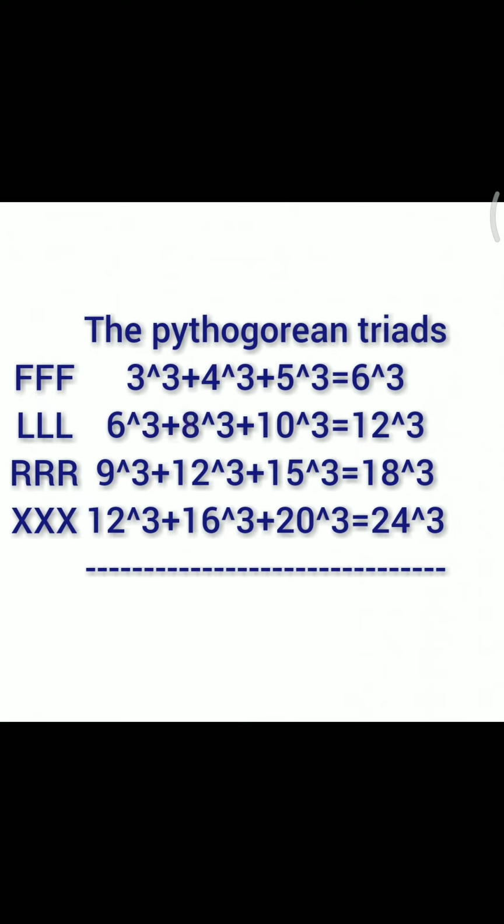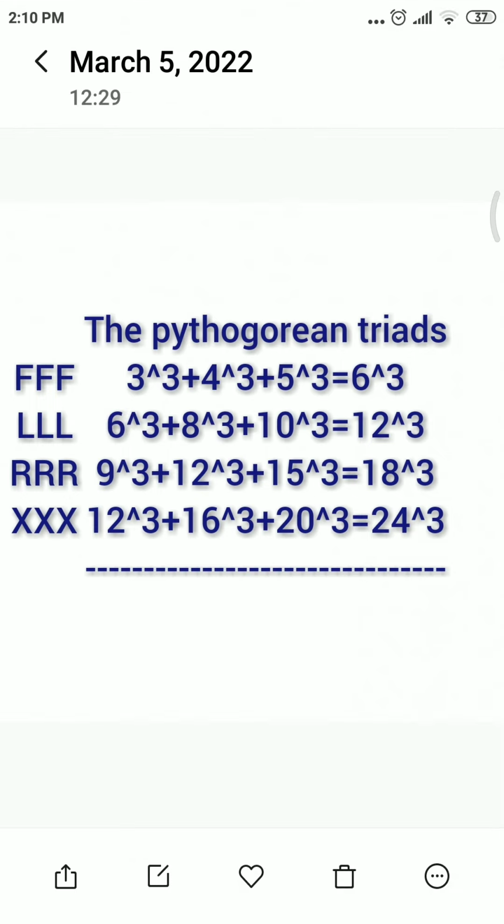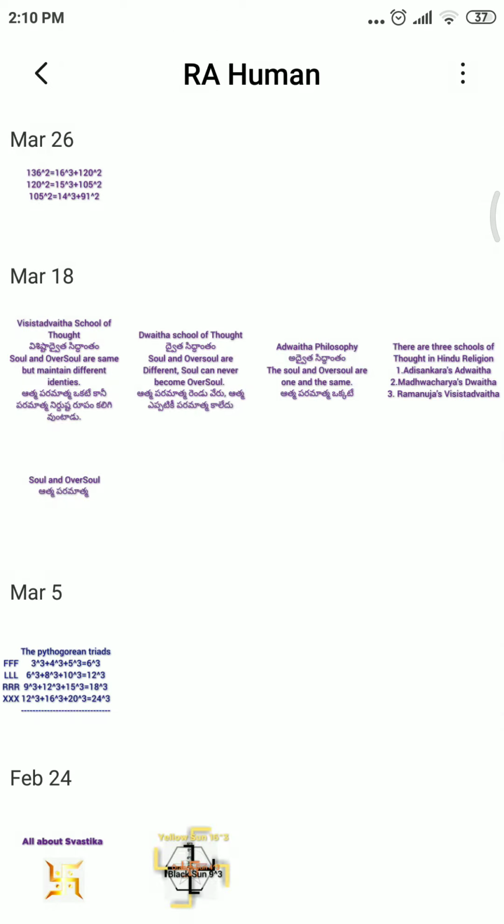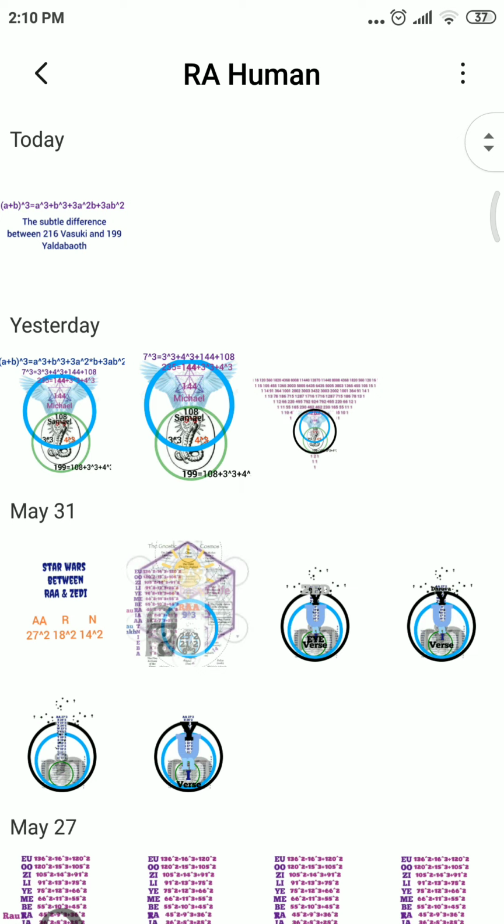So you can convert this equation to 9 cube plus 10 cube plus 1 is equal to 12 cube. If you club these two together, we will get almost 9 cube, but not quite. So that is an interesting observation we can make.